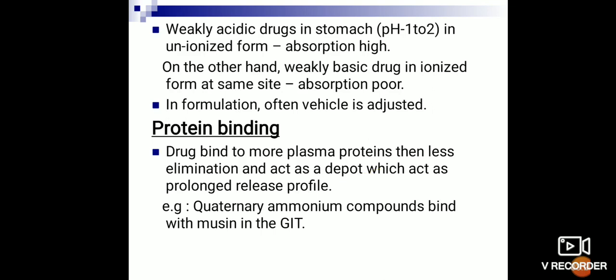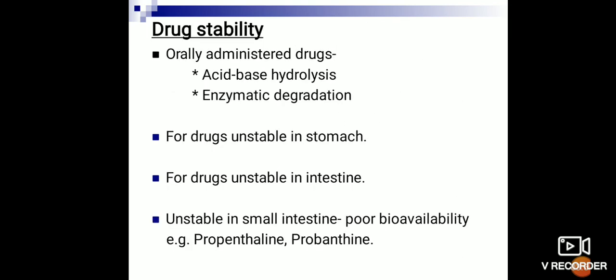But if the binding is reversible, the drug binds to plasma protein reversibly, then a depot system occurs, and gradually that reversible process occurs, and the drug remains free in blood plasma, and the concentration of drug remains constant. So a sustained release profile is obtained.